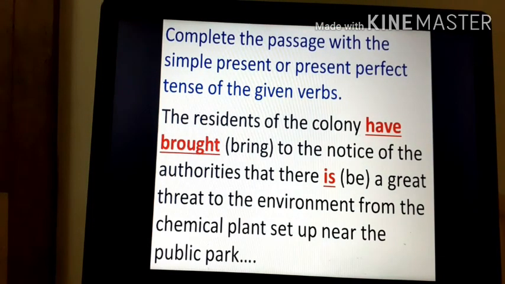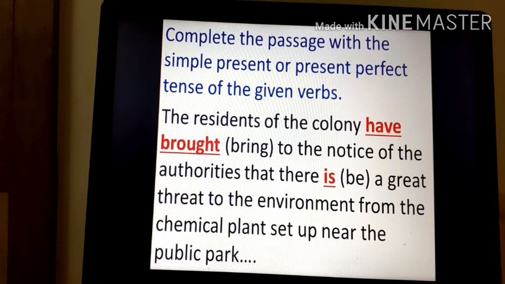Let's do one exercise to understand in a much better way. Complete the passage with the simple present or present perfect tense of the given verbs. The residents of the colony (bring) to the notice of the authorities that there (be) a great threat to the environment from the chemical plant set up near the public park.